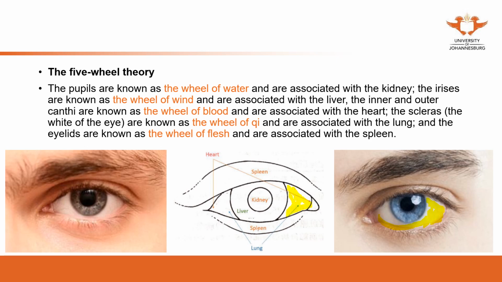So in that situation, we can infer lung heat. The patient may also present with cough if it affects the lung, but it may also only affect the eyes. That's how we use the five wheels theory in clinical diseases.